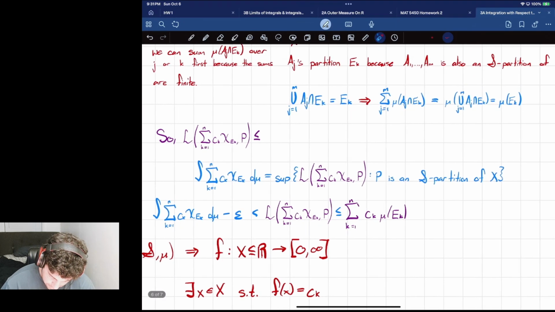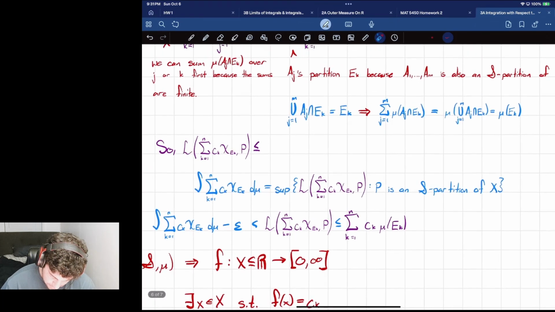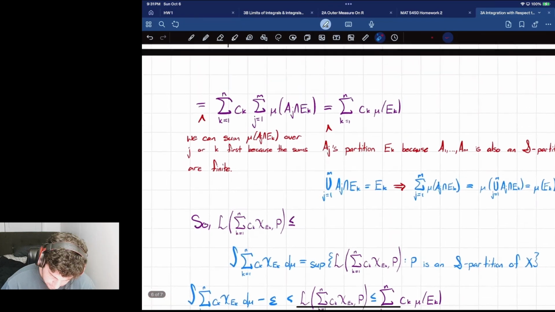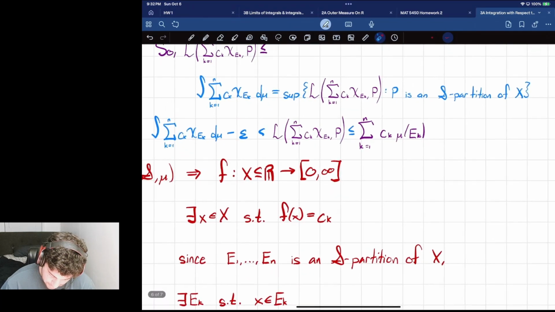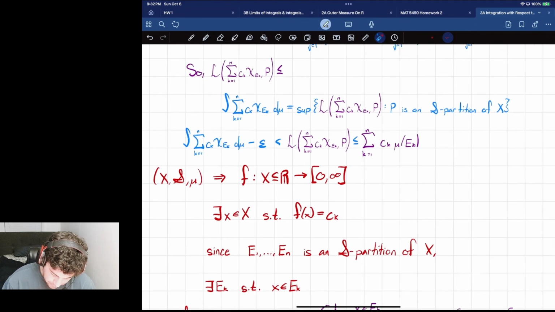Wait, did I do this correctly? Yeah, we start with the lower Lebesgue sum, right? So the lower Lebesgue sum is less than or equal to the sum.